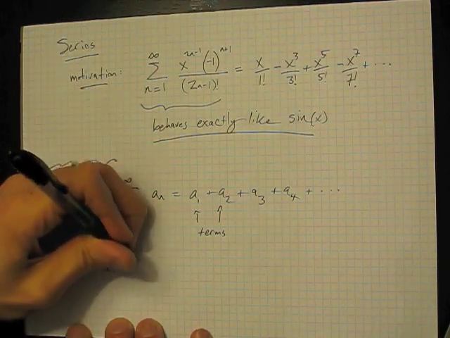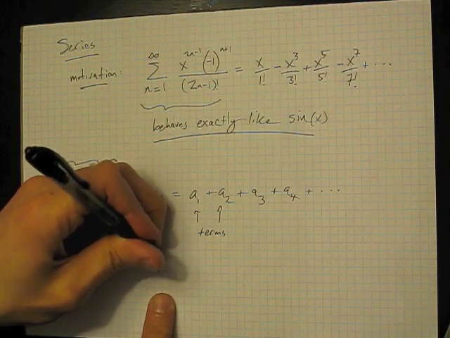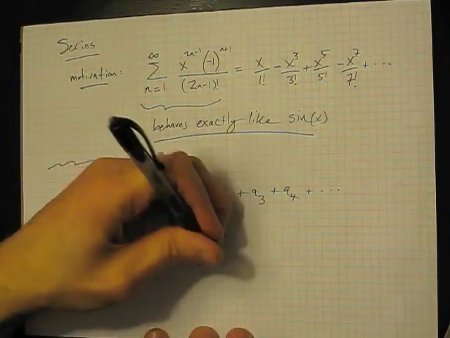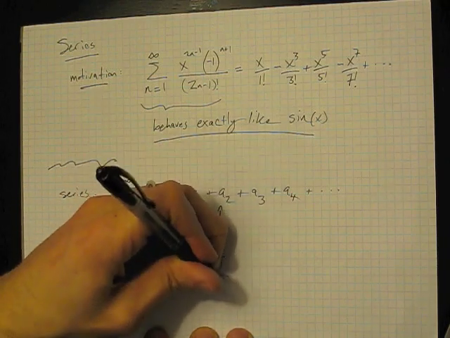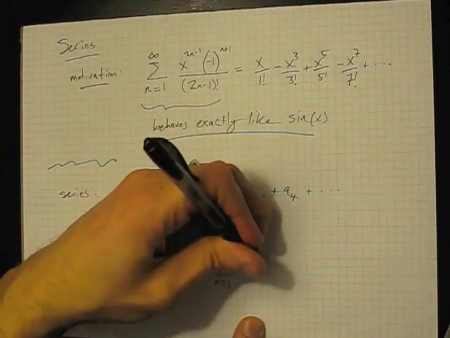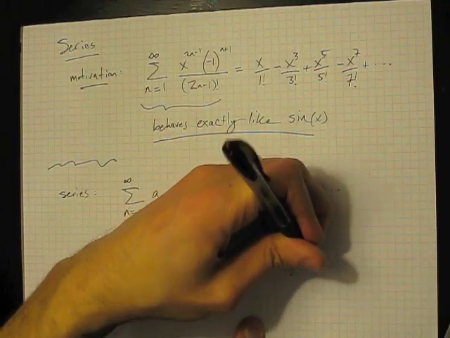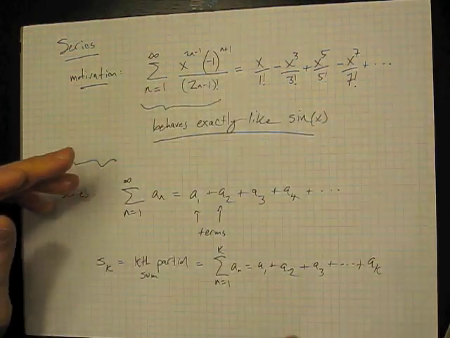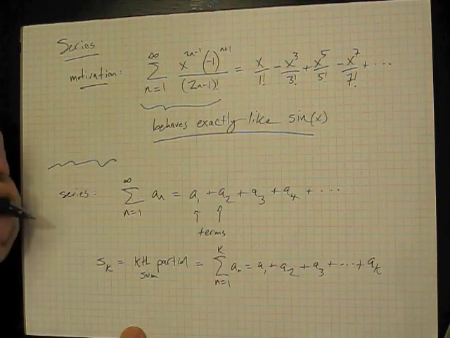S_k is called the kth partial sum. Partial sum means you just sum up to k. So n starts at 1, you stop at k. So we get a1 plus a2 plus a3 plus up to plus a_k. And we stop. We don't go any further than that. This is the kth partial sum.